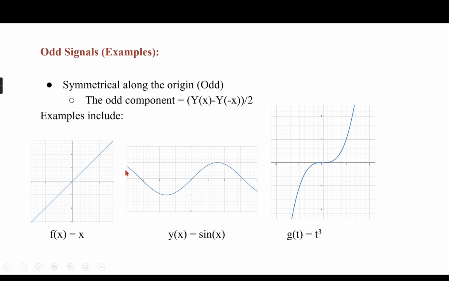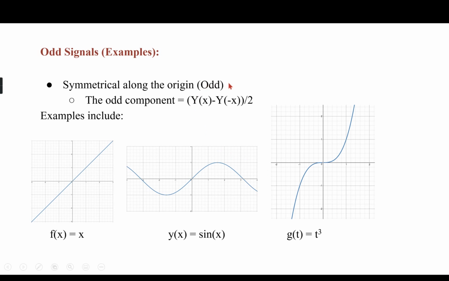Again, as a general rule, x raised to the power of any odd number is an odd function. Here it's x raised to the power 1, and 1 is odd, so this function is odd. Or from the shape of it, you can tell it's an odd signal. 3 is an odd number, so t cubed is an odd signal.